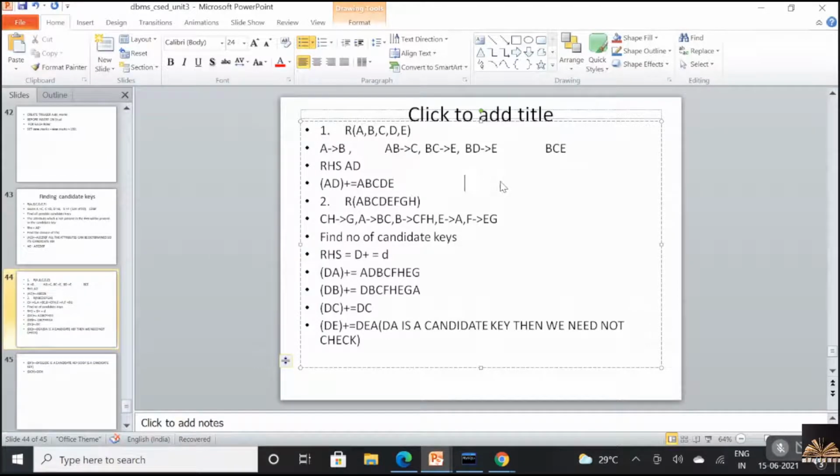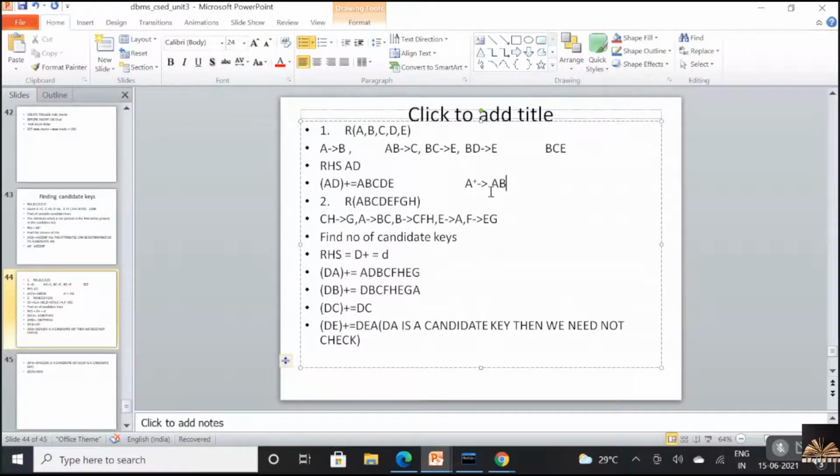Now, looking at this, I can go with A, finding A closure. I'm trying to see whether A is a candidate key or not. So I'll go with this. What is A closure? A closure is A. If I've got A, I can know the value of A. That is reflexive.